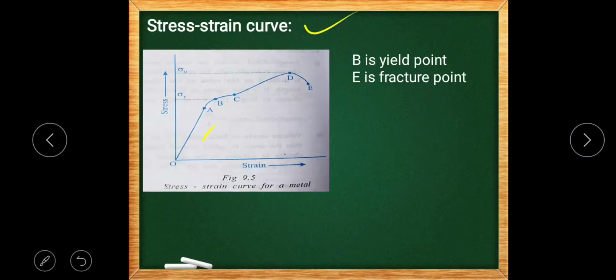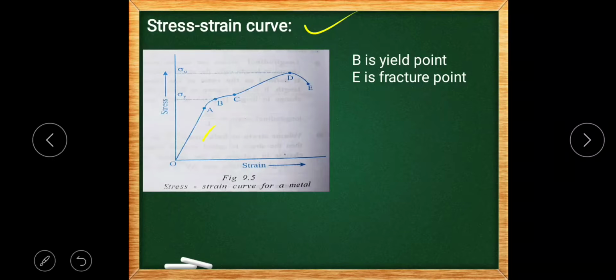Means Hooke's law is obeyed and the material behaves as an elastic body. Because in an elastic body only the stress is proportional to strain, and all elastic bodies will obey Hooke's law. So hence the region between O to A, or OA, represents the elastic behavior of the body.